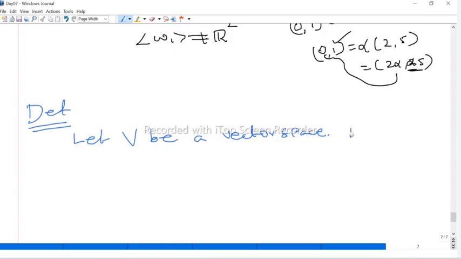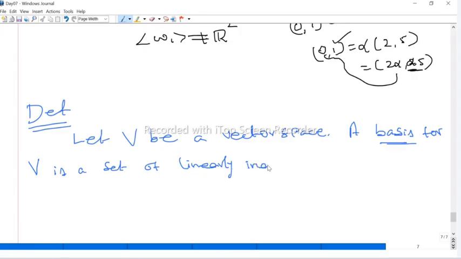A basis for V is a set of linearly independent vectors that spans the entire space V. Such a set is called a basis.